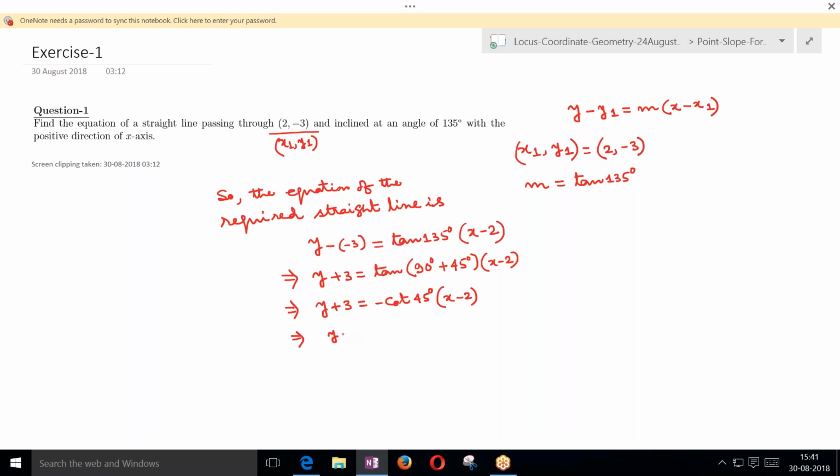So we get y plus 3 is equal to minus 1 into x minus 2, which gives y plus 3 is equal to minus x plus 2. If we simplify further, we get the equation x plus y plus 1 is equal to 0. That is the required equation of the straight line.